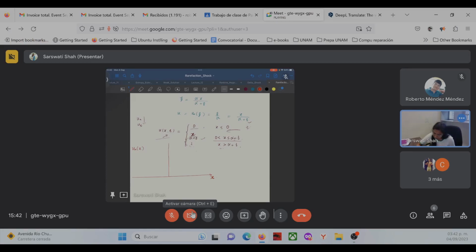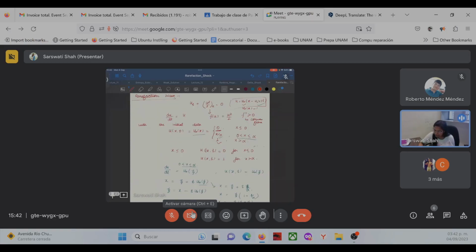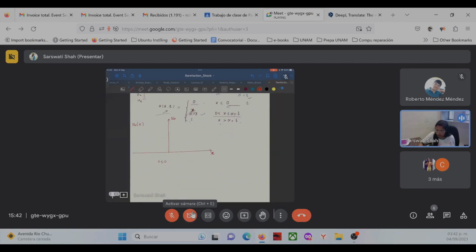Because t is 0, we are not portraying the axis of t. So for x less than or equal to 0, what was the initial data? u naught was 0. So if this is u naught and this is the x axis, the solution is going to be this line. Is it not?